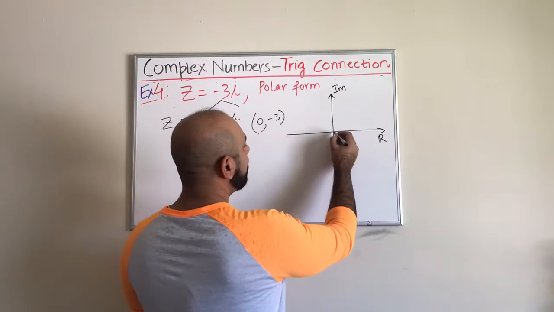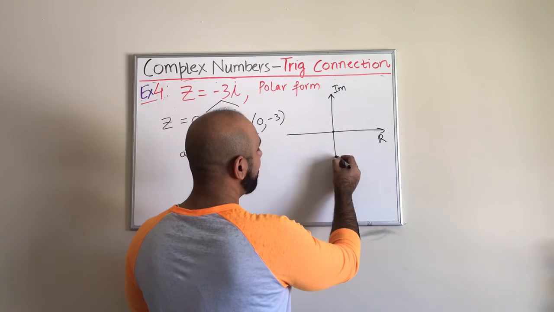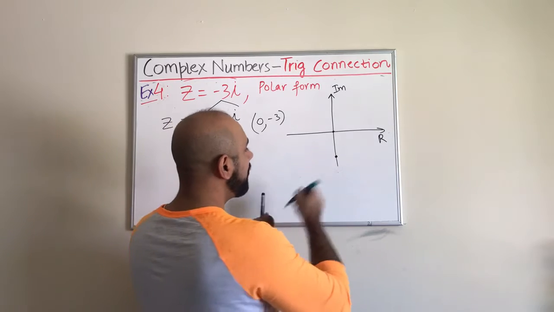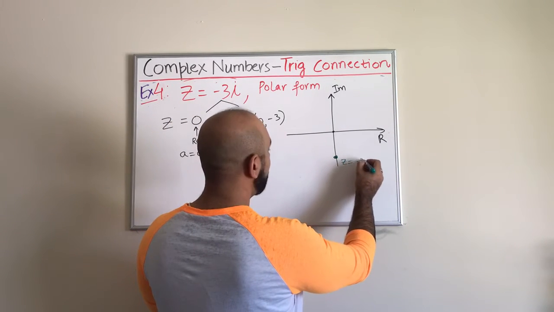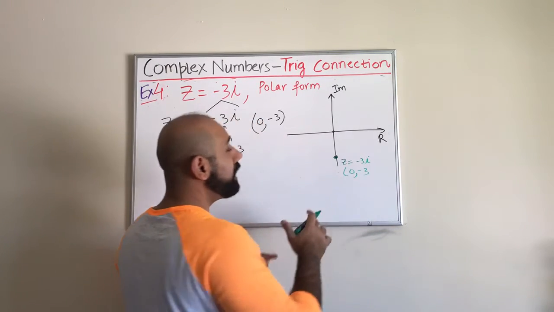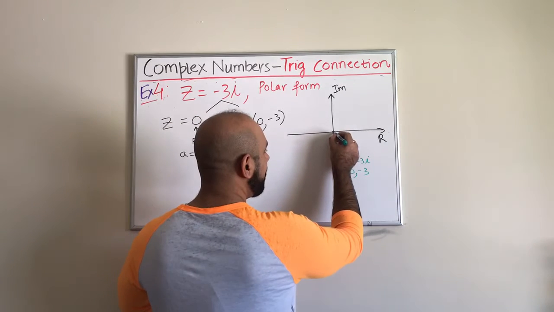So 0 and negative 3, obviously 0 is right here and we have to go down 3 units. Let us say this is my point, negative 3, and this would be the complex number, which is represented by z equals negative 3i, or you can also think of that as 0 and negative 3 on the complex plane.